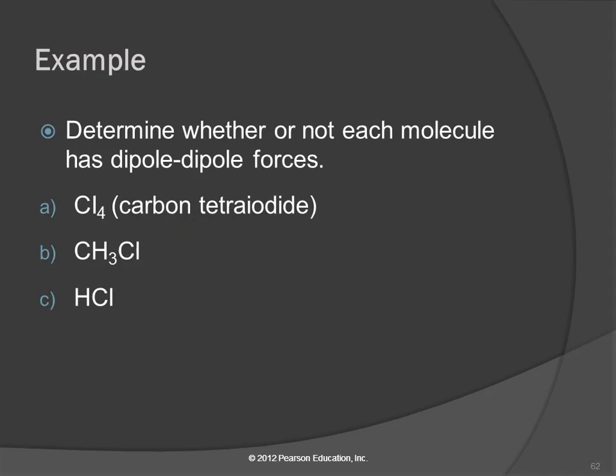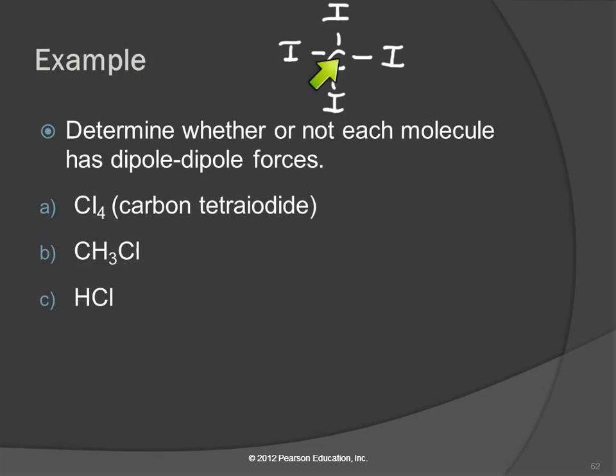Well, we need to look at the structure. We really should look at the Lewis structure. There's a carbon in the middle, and there are 4 iodine atoms bonded to it. Now, those iodine atoms are going to have lone pairs, and if you want to go ahead and figure all that out, that's great, but we actually don't have to go that far.